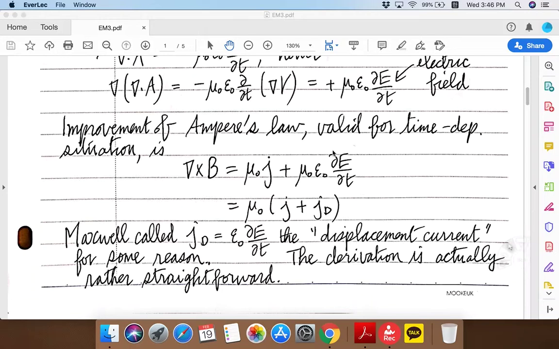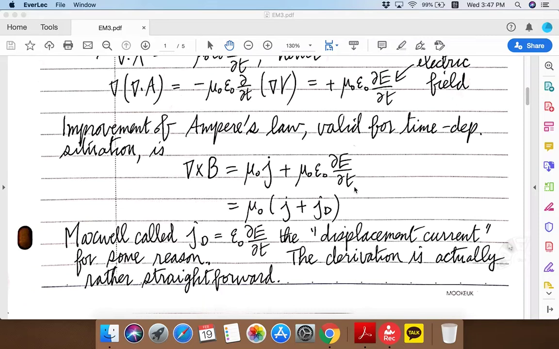And by introducing the existence of this extra term, he was able to really unify the electric phenomena and magnetic phenomena in terms of a tightly coupled set of equations, and also be able to derive the so-called wave equation of electromagnetism. Okay. So when Maxwell introduced this term, he called this the displacement current.